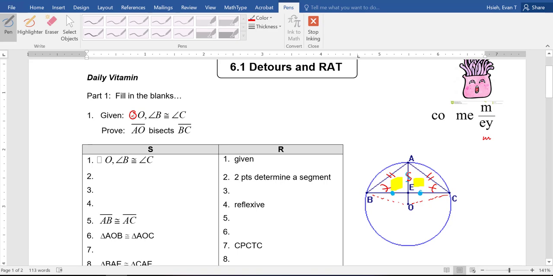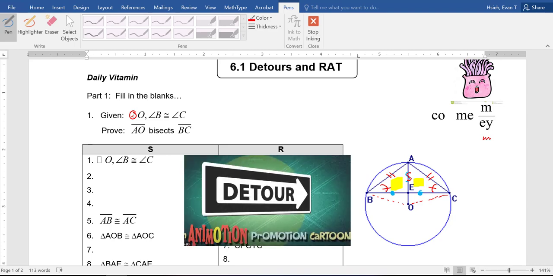And then I go, oh no, I've got the bad word, side, angle. So I can't use those two triangles to prove them congruent to each other because it's a bad word. So I am forced to do what's called taking a detour, okay?